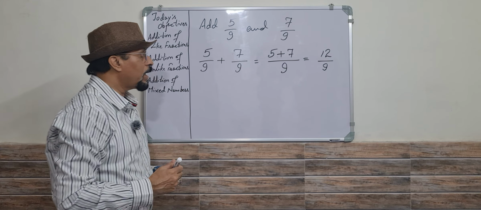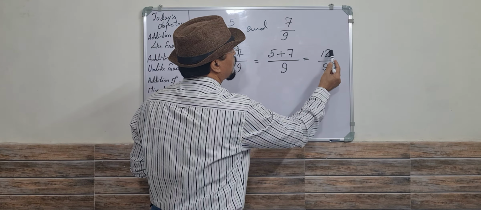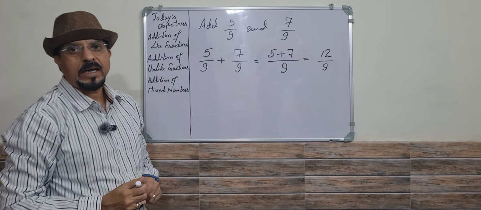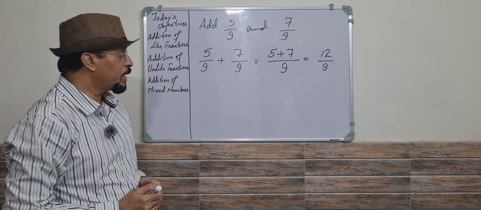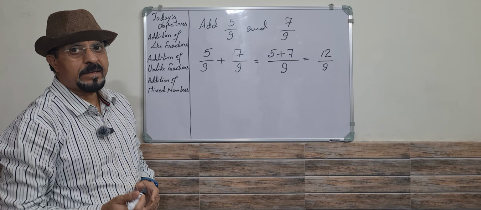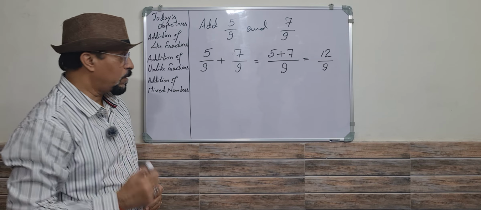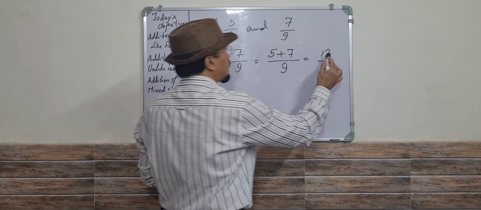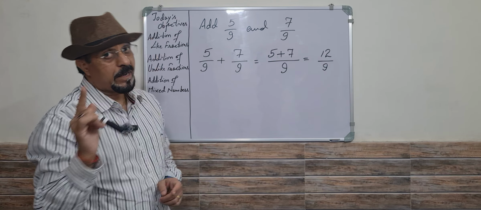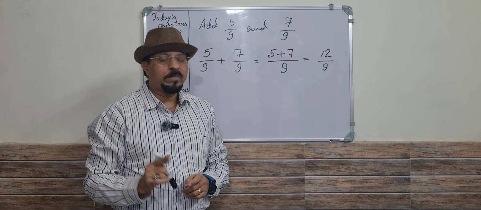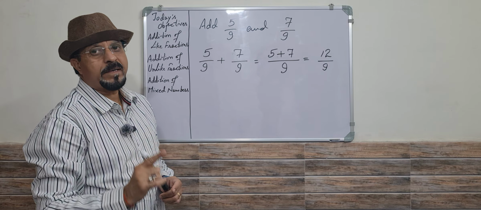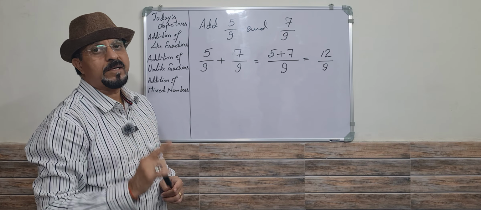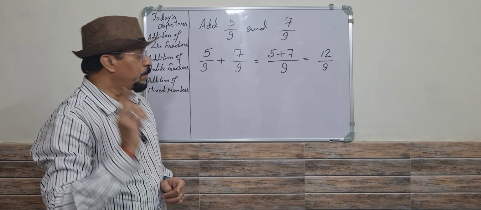How can we do that? We can divide both the numerator and denominator with the same number and simplify the fraction. In my previous videos we have talked about simplification. We need to keep in mind that whenever we have to divide the numerator and denominator, we need to divide them with the same number.